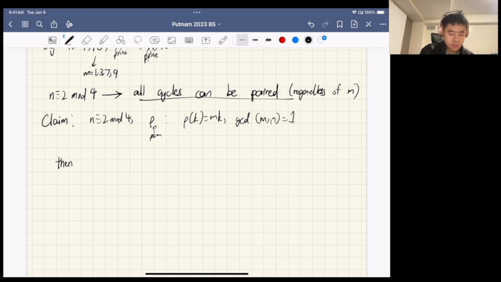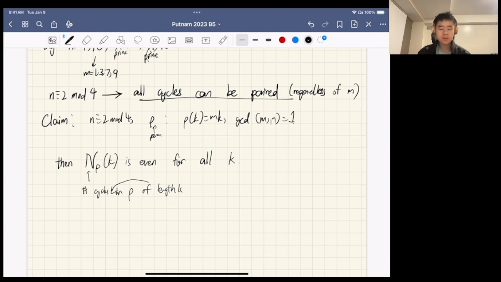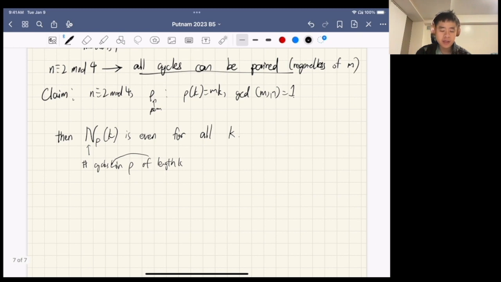Then this number is even for all k. We call this the number of cycles in this permutation rho of length k. Okay, so how do we get there?